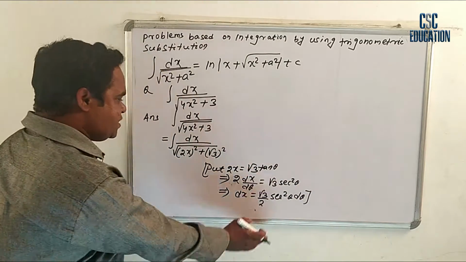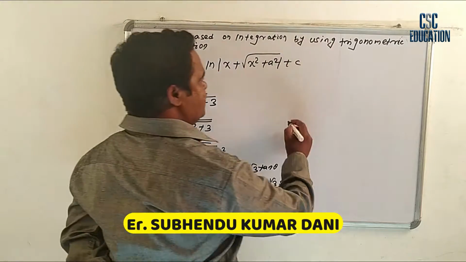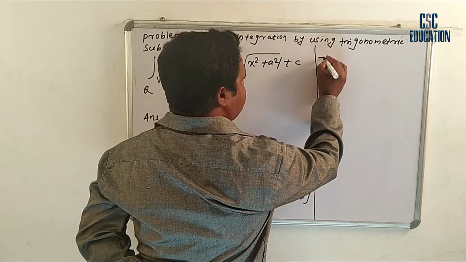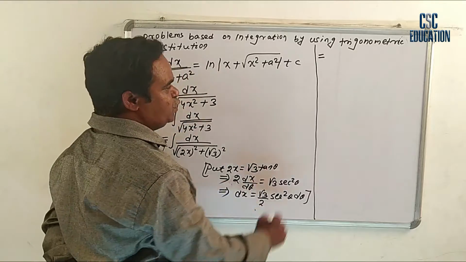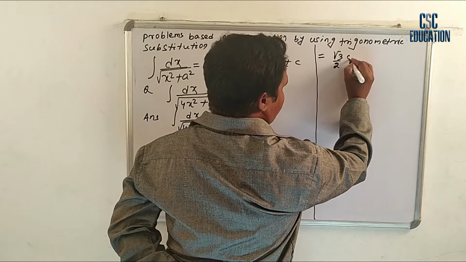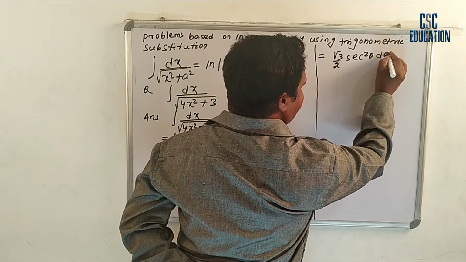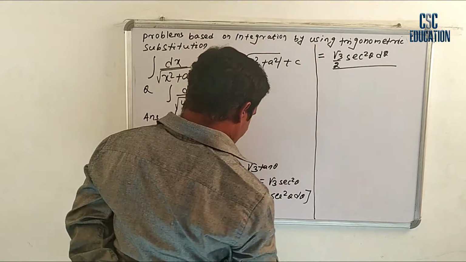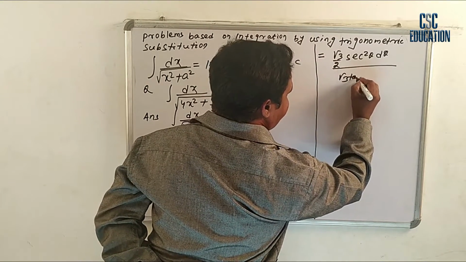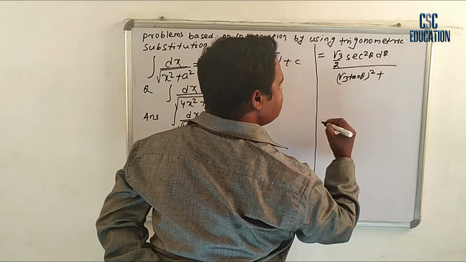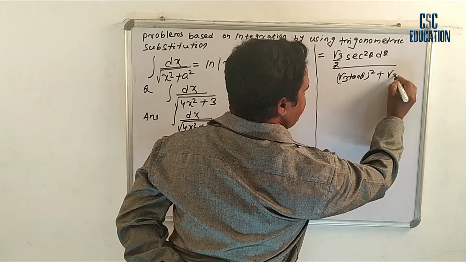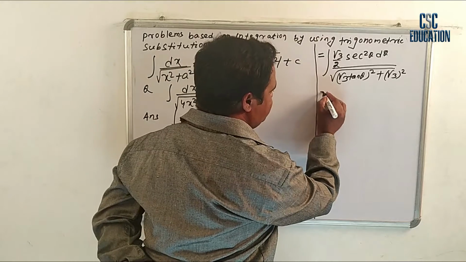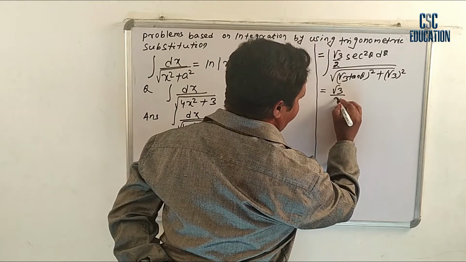Substitute this value. The integral equals root 3 by 2 of sec square theta d theta, divided by the square root of (root 3 tan theta) whole square plus (root 3) whole square. Root 3 by 2 is a constant factor.